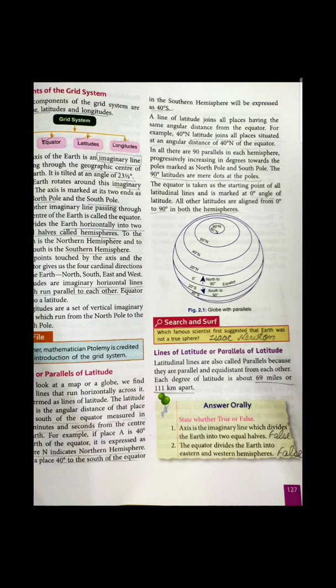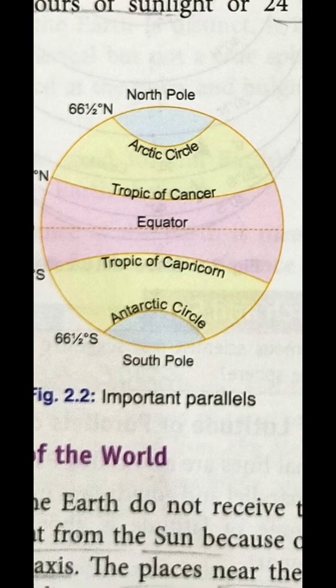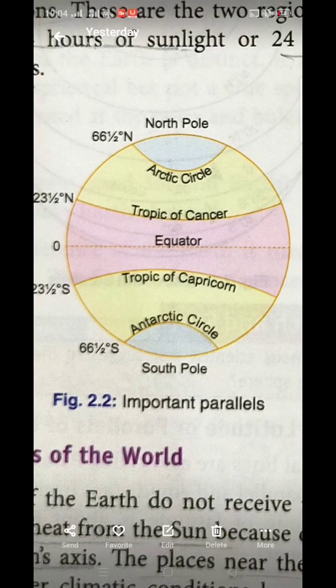Here are some important parallels of latitude. What are the main parallels of latitude? The Great Circle, Tropic of Cancer, Tropic of Capricorn, Arctic Circle and Antarctic Circle. We will understand all of this from here.